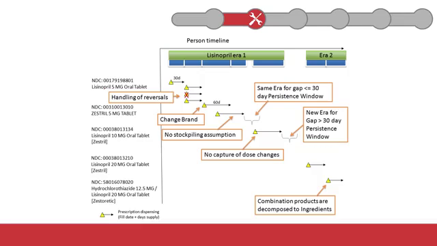Illustrated here is the concept of creating the computed abstraction for drug eras. Each row in the middle of the diagram represents a row of data for a patient in the drug exposure table.